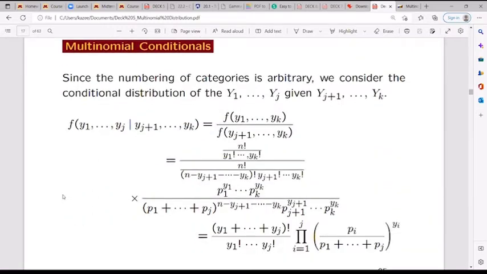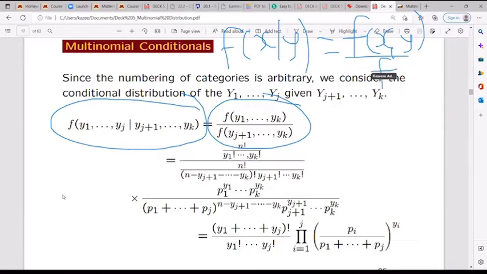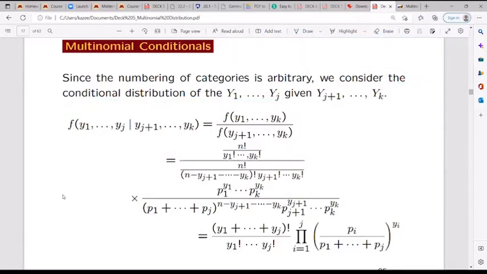Now, if you want to go conditional, we can decide to find f of y1 up to yj, given yj plus 1 to yk. You're actually going to use the idea, remember the other time that we were doing f of x given y, it's going to be f of xy divided by f of y. You remember that? So we combine all this, from y1 to yk, the joint, divided by f of that marginal.